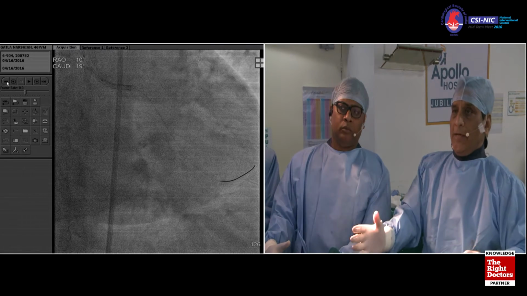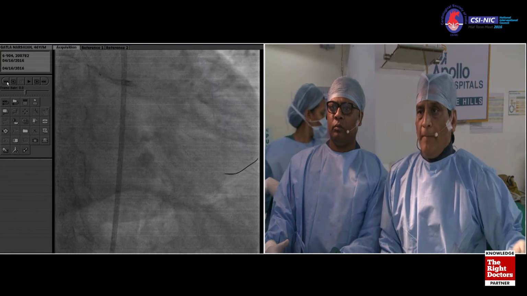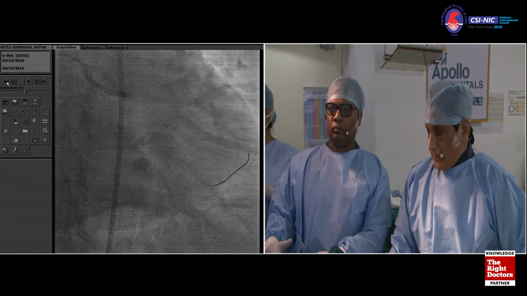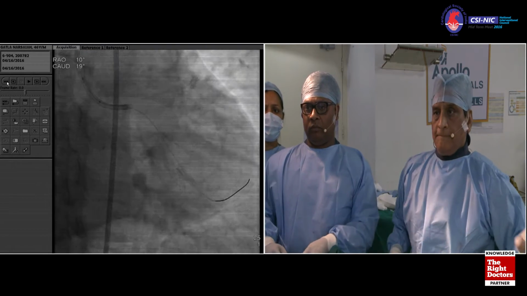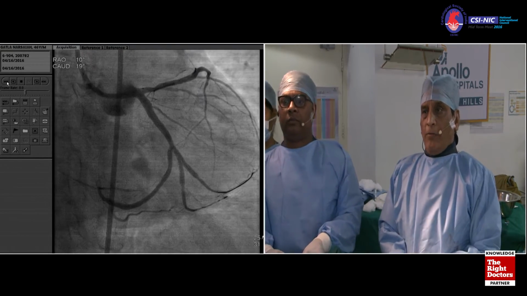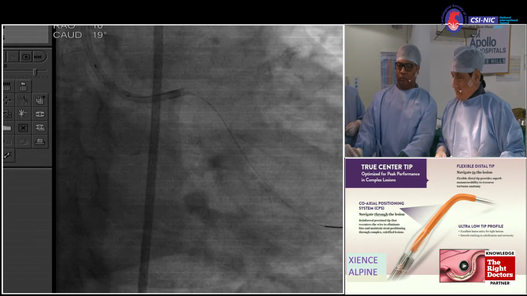Usually because of the angulation, sometimes you end up putting a crush of more, but the idea should be to do a mini crush. Let's take one picture and then maybe stent boost. So far okay. We need to go through our regular process. We are going to recross now.